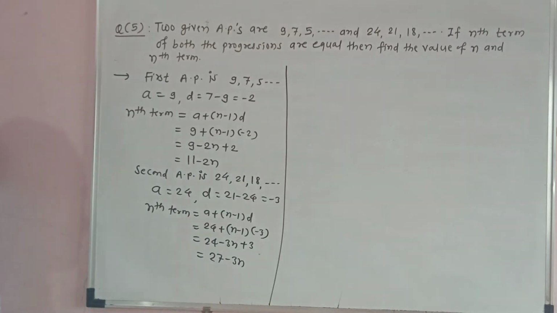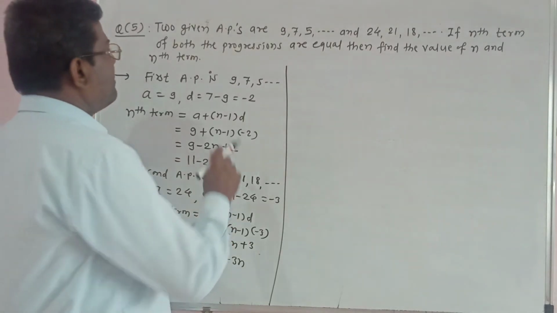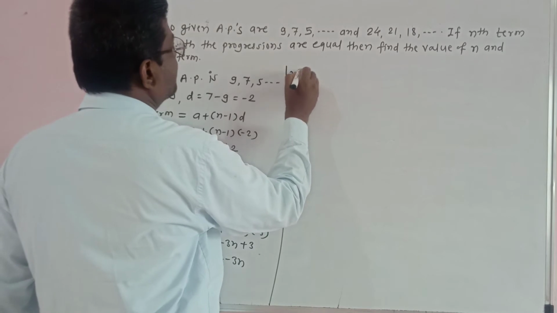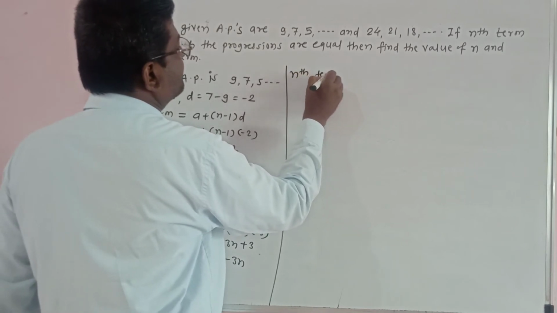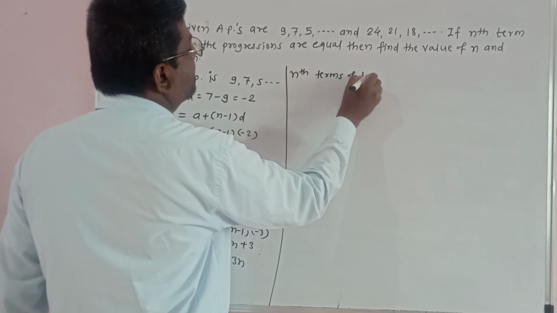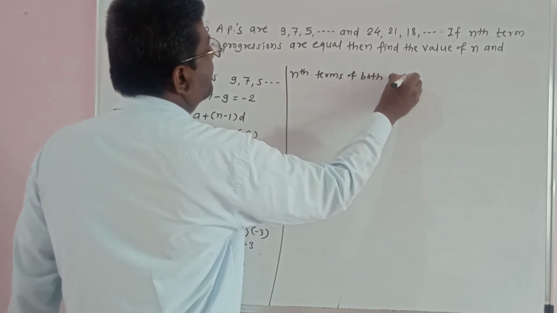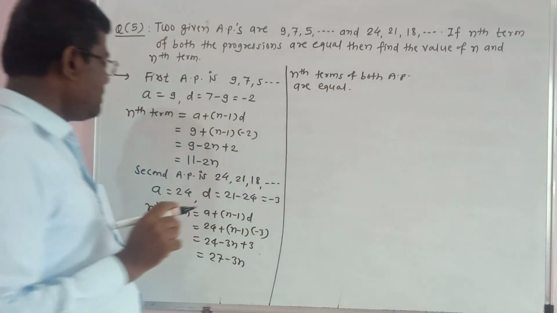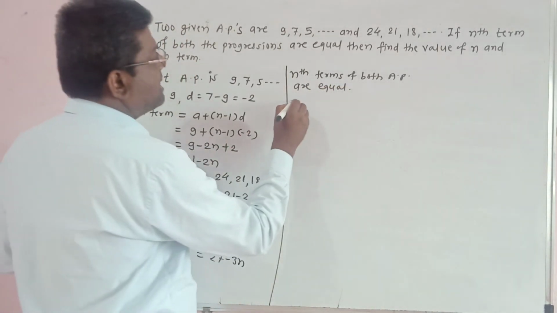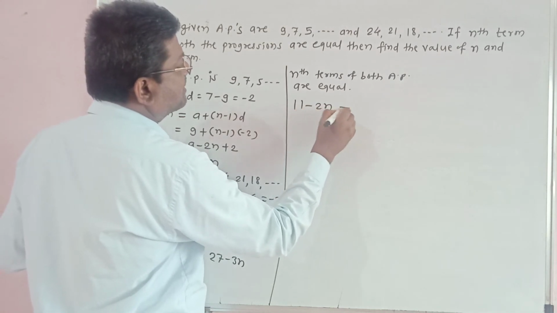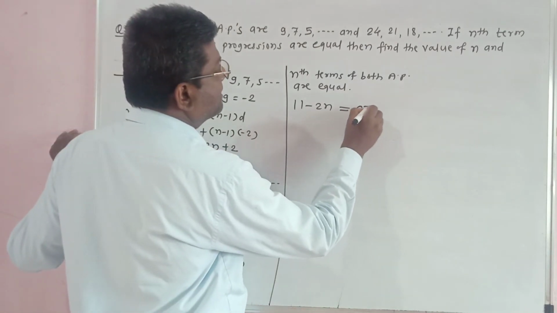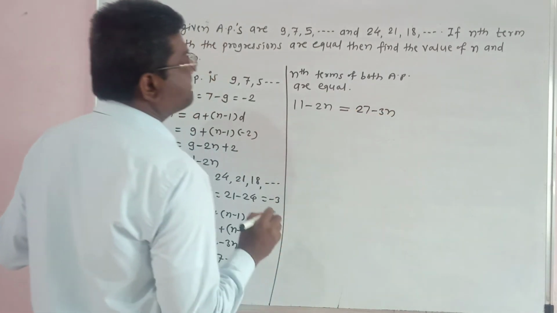So we have to find the nth terms of both the APs. Now we are given that the nth terms of both the progressions are equal. So we write here, nth terms of both APs are equal. Therefore this nth term 11 minus 2n is equal to the nth term of the second AP, 27 minus 3n.